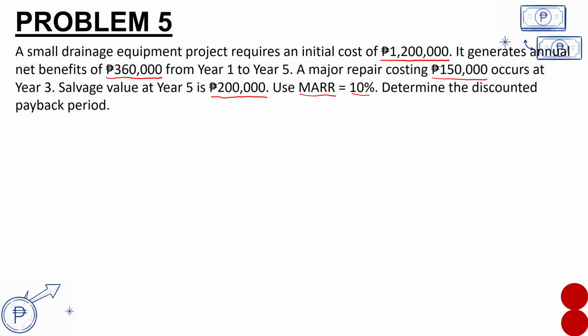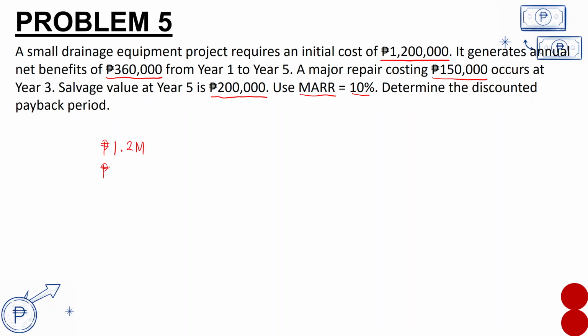So for this one, we have a small drainage project, and it requires the following data or given. Now, if you have this specific type of problem, again, you just list what are the given items. First is we have the 1.2 million.